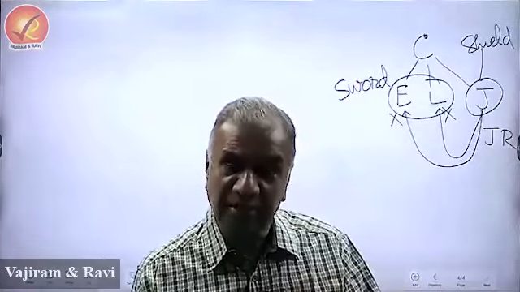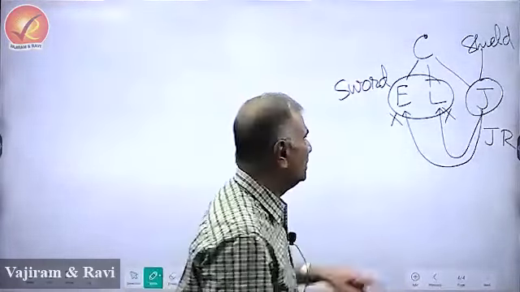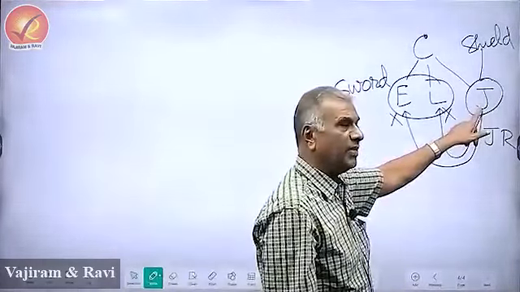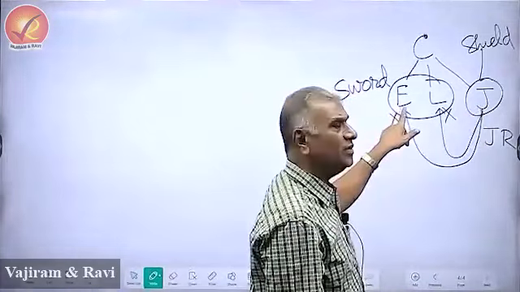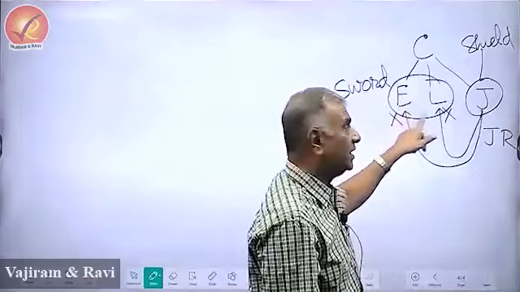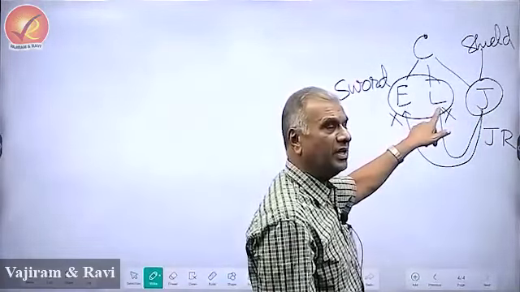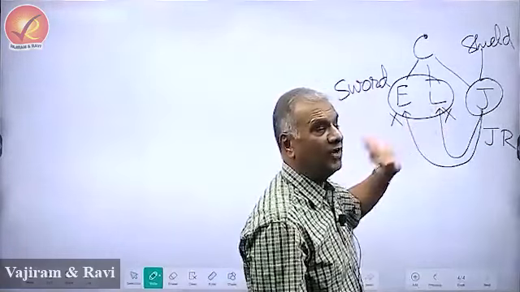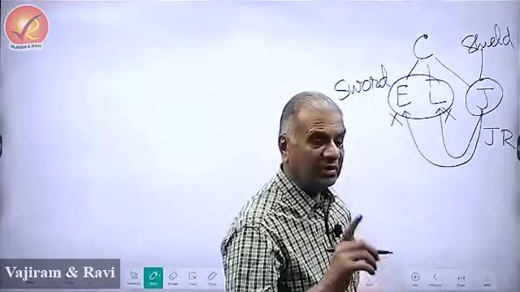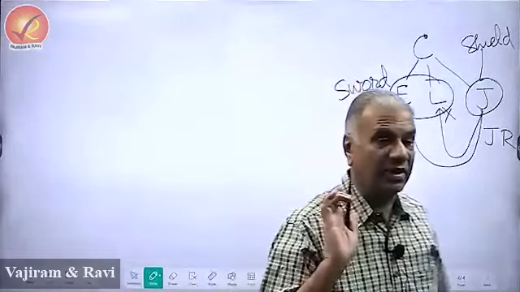No. Because of this, in England, the judiciary enjoys the power to declare an action of the executive as invalid. It does not enjoy the power to declare a law made by the legislature, Parliament, as invalid. So it is a restricted power.